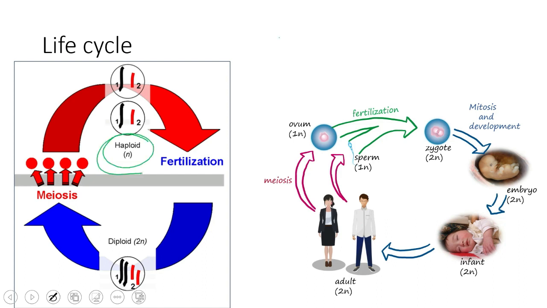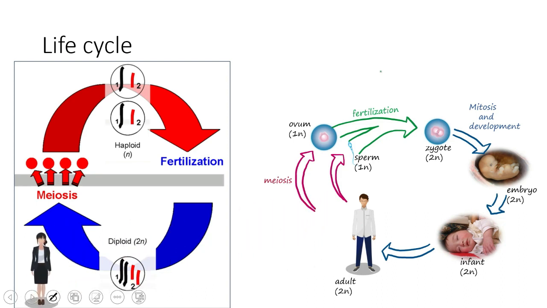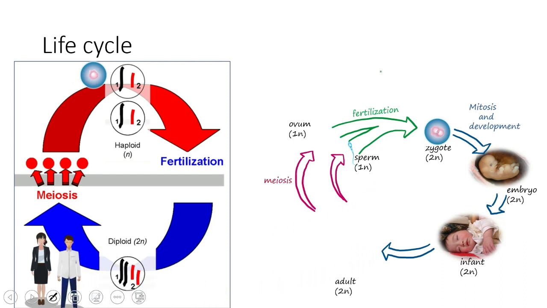me use the more complicated version of the life cycle over here to sort of put it in this simplified format. So first of all, an individual over here who's diploid goes through meiosis, and that would produce, for females, an ovum. Obviously, for fertilization to take place, we need two individuals. The male goes through meiosis and produces sperm.